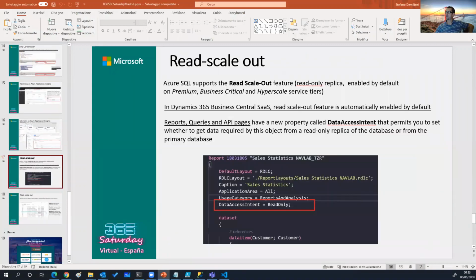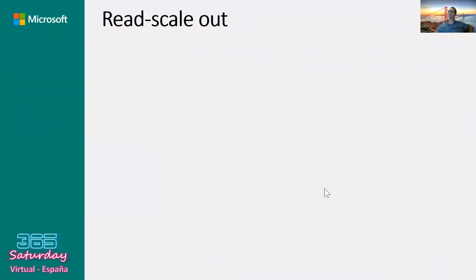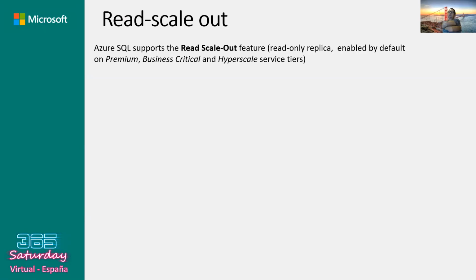Okay, we go on. Talking about another interesting feature that I want to suggest you start using, it's what is called read scale out. I think that it's quite a hidden feature because it's not very publicized and not very known by everyone, but it is absolutely very powerful. Read scale out means that Azure SQL natively supports the read scale out feature.